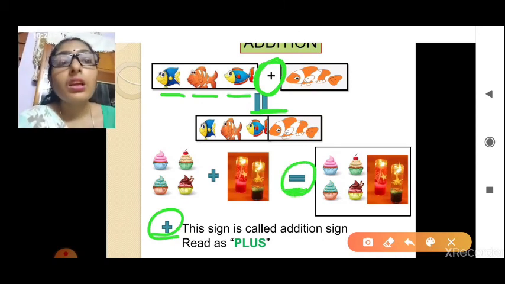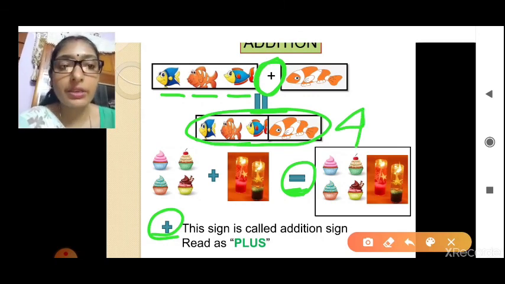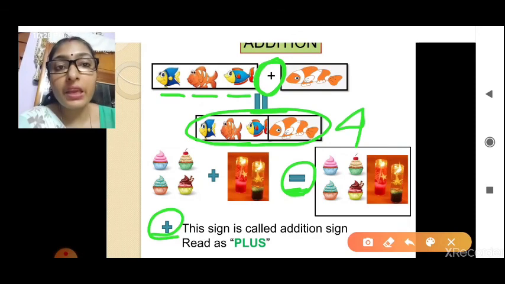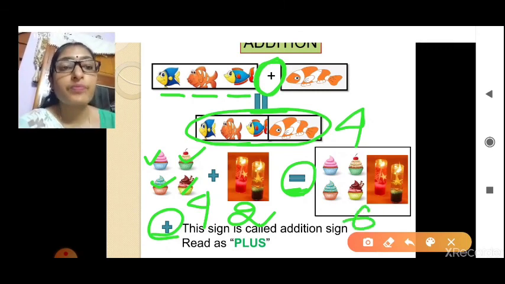Okay, so 3 fishes plus 1 fish is equal to total how many? 4 fishes. Correct? Now here how many cupcakes are there? 1 2 3 4. So 4 cupcakes and 2 candles. So total how many? So total the things you have is 6. So what are we using here?